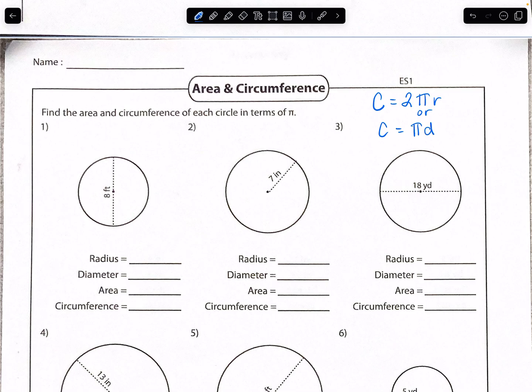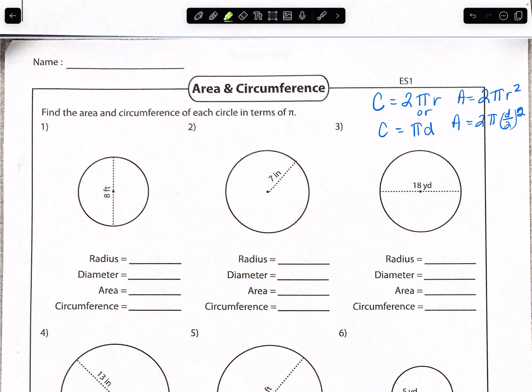Okay? You're also going to write area. Area equals 2 pi r squared, or area equals 2 pi d divided by 2 r, or squared.